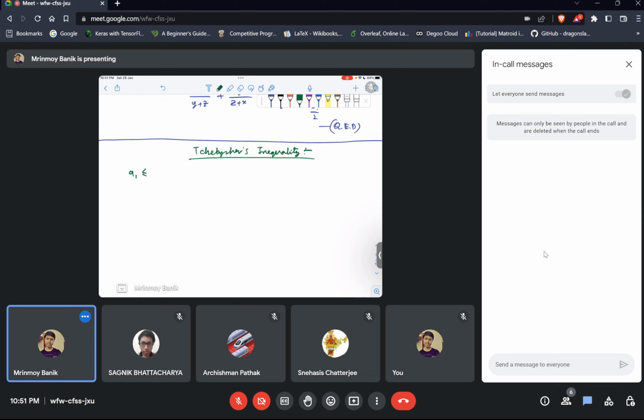So if you have x1, x2, x3 ordered in increasing order, similarly y1, y2, y3, then you have their dot product by n greater than or equal to the product of the arithmetic means.